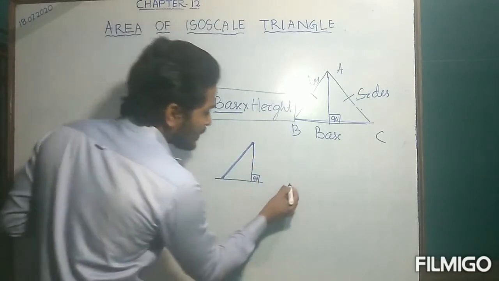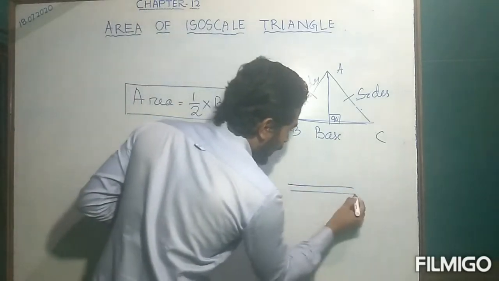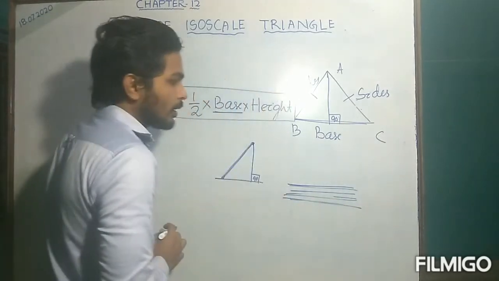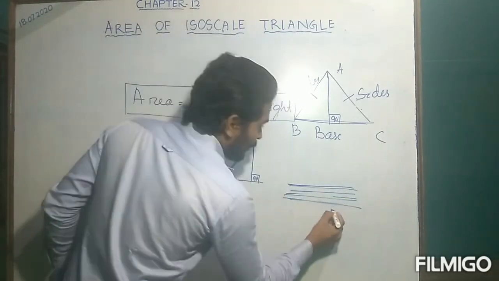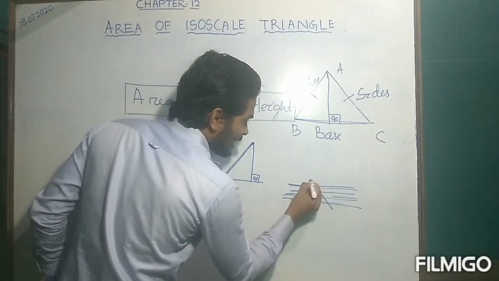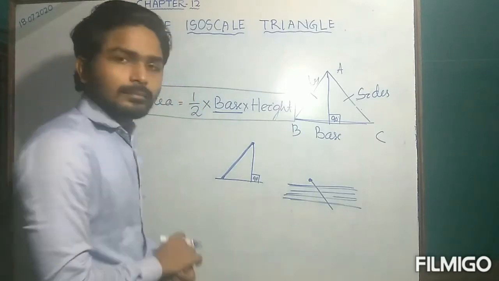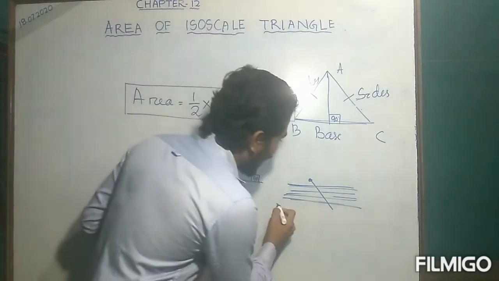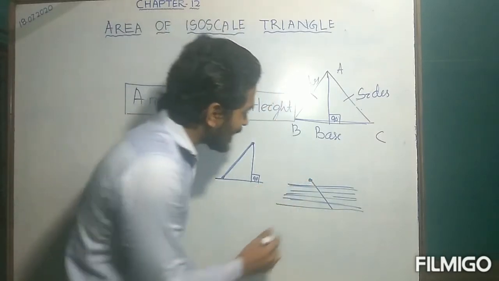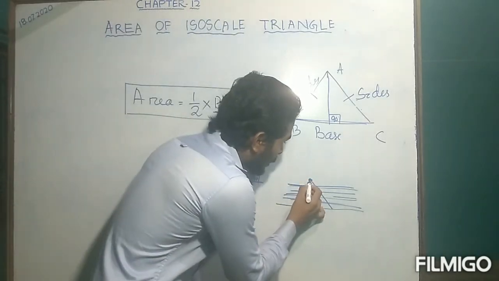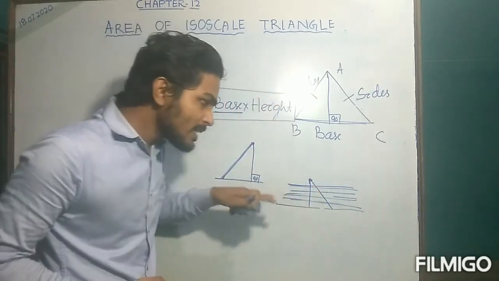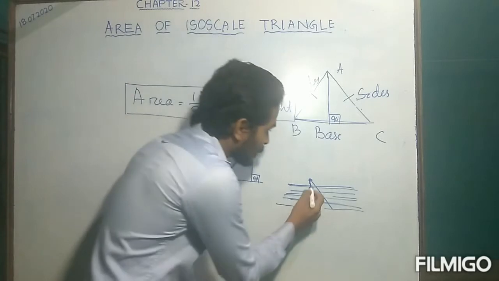Or you can say, suppose this is the sea or water, a pond, and a flower is like this. This is a flower. Then if a question asks what is the height of the flower, you can say the height of the flower is the perpendicular distance from the tip of the flower to the ground, to the sea level.